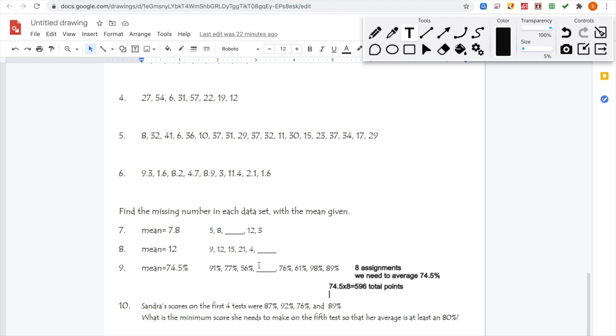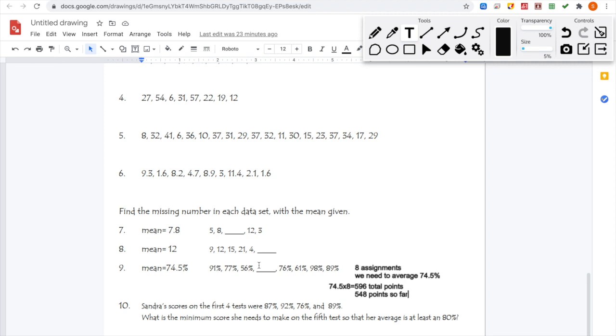So right now we have 91 plus 77 plus 56 plus, we don't know yet, so we're leaving that at blank, plus 76 plus 61 plus 98 plus 89. That's going to give us 548 points that we've earned so far.